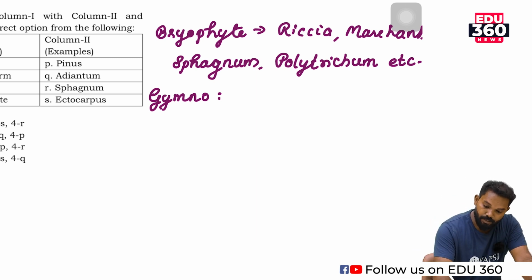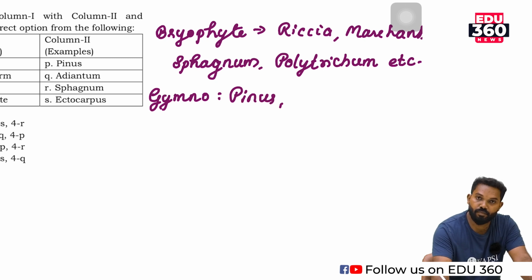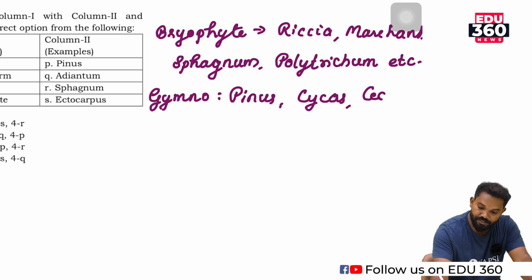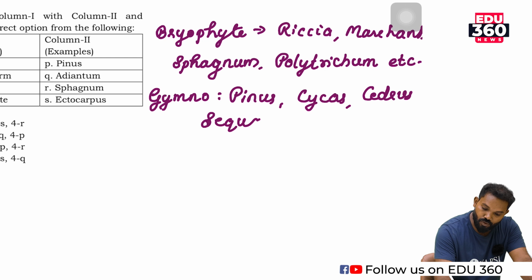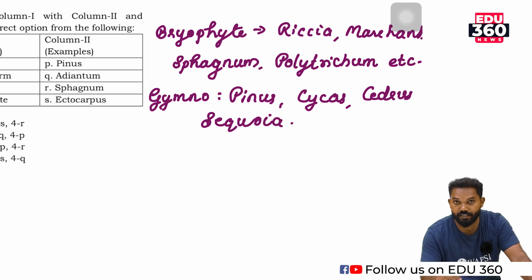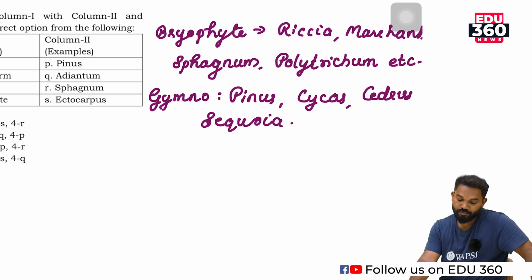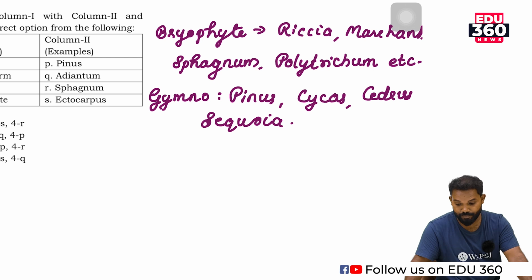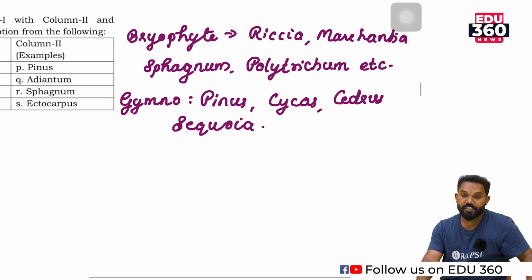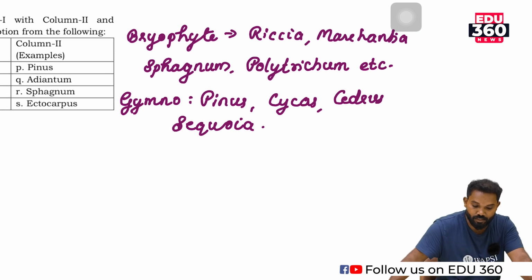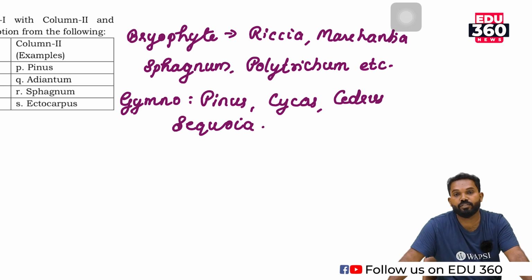According to NCERT, the main ones are Pinus, Cycas, Cedrus, Sequoia. Not Citrus, it is Cedrus. In Malayalam, it is Devadaru. Pinus, Cycas, Cedrus, then Sequoia, etc. come under gymnosperm.